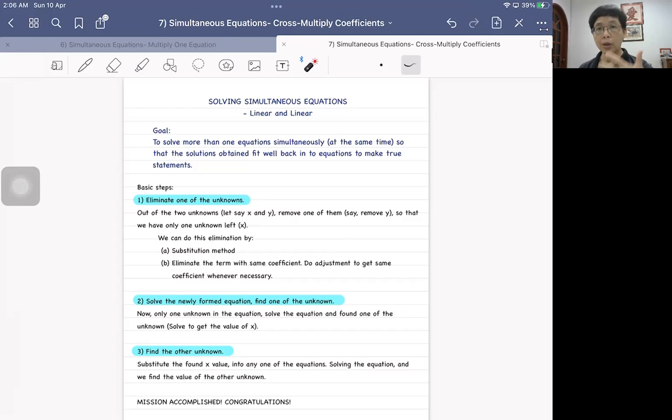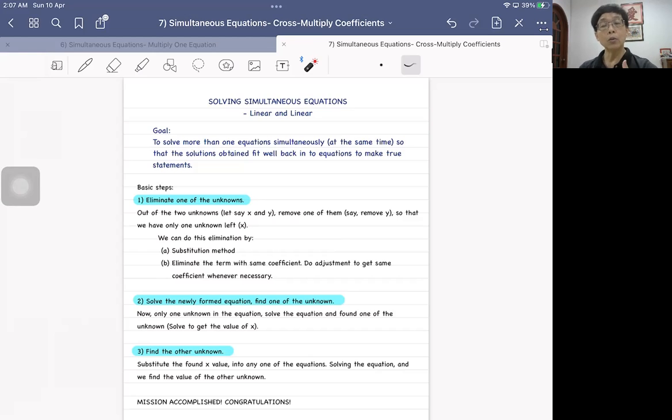Those are the 3 steps that you would want to remember and keep practicing, so that each and every time you are challenged with a simultaneous equation, the first step that will ensure your success is elimination of one of the unknowns. This is the most important step.